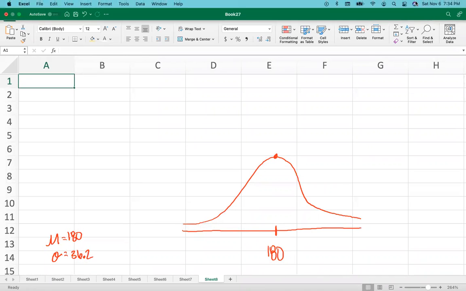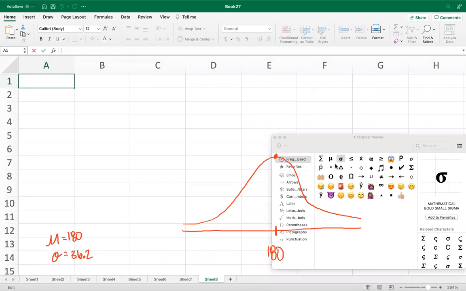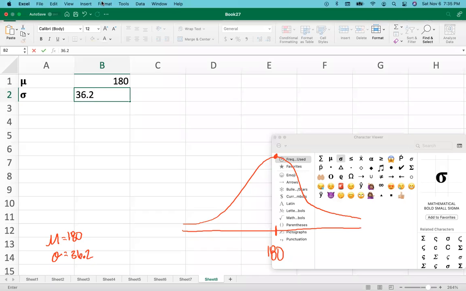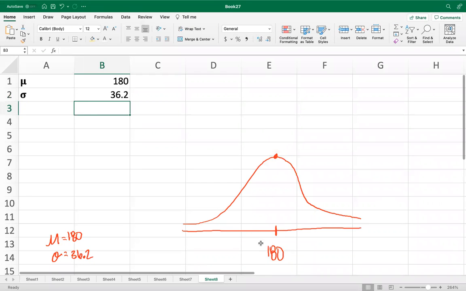So the mean and the standard deviation. Mean is 180, standard deviation 36.2. And we have those values there. To go one standard deviation below, we're going to subtract the 36.2.